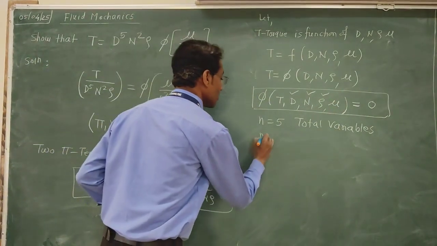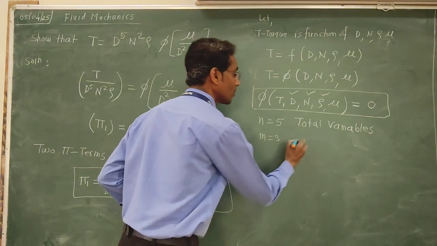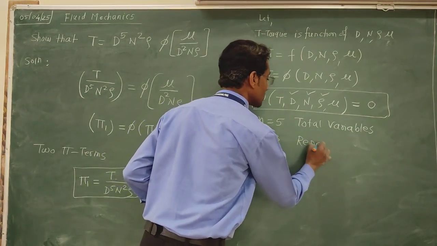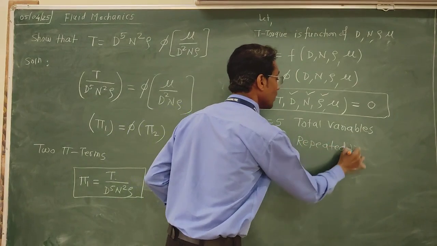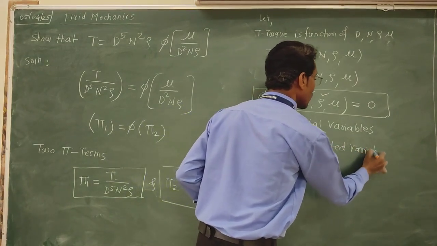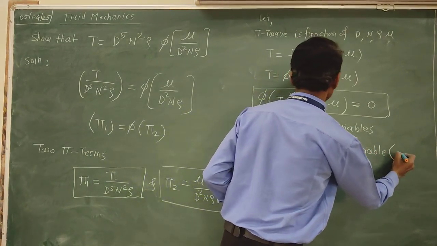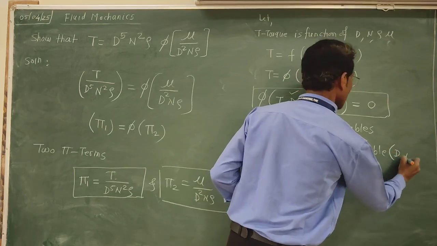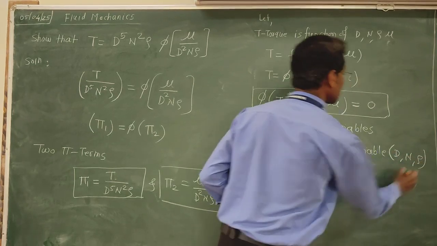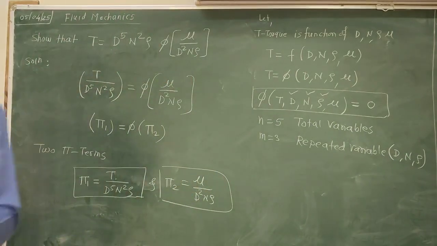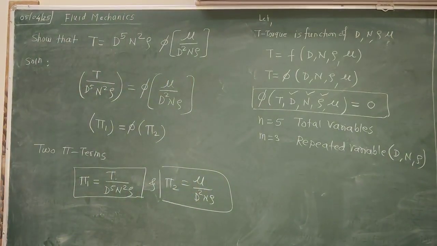So here m is equal to 3. These are which? Repeated variables, which are in the bracket: diameter, speed and density.